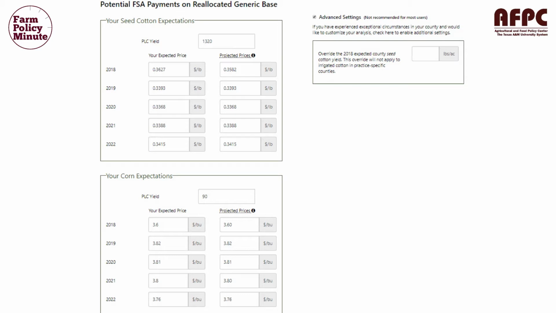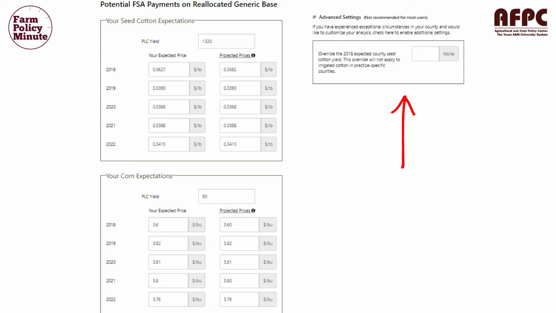All right, so on the far right of this set of information on your screen is something called advanced settings, not recommended for most users. And that is true. This was added because of the drought we're having in West Texas, and because there's a lot of producers that say, with some certainty, I know that my county yield is going to be really, really bad, and it might.